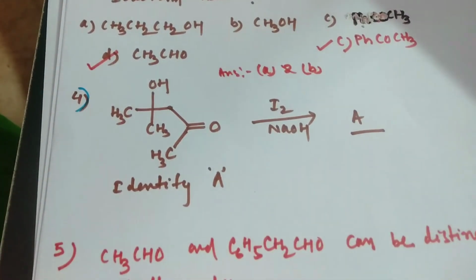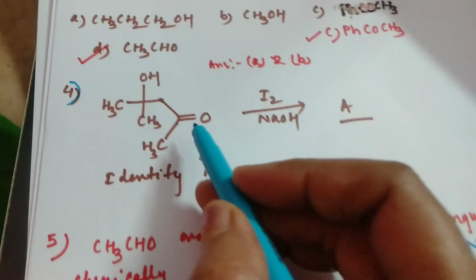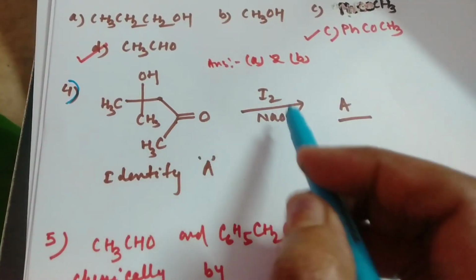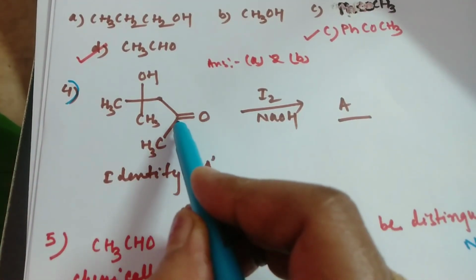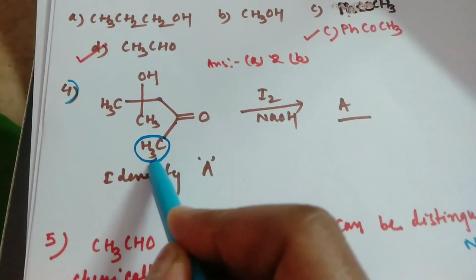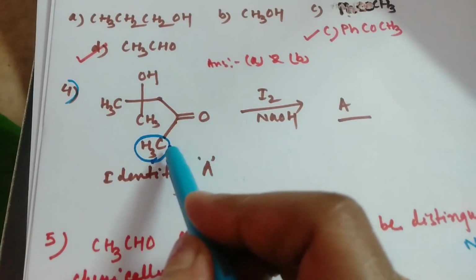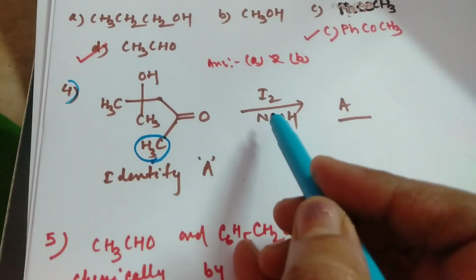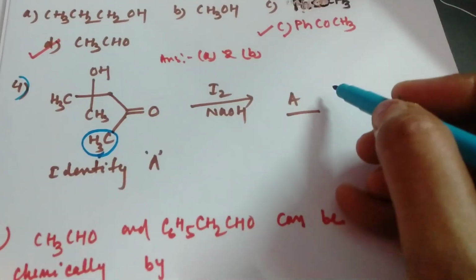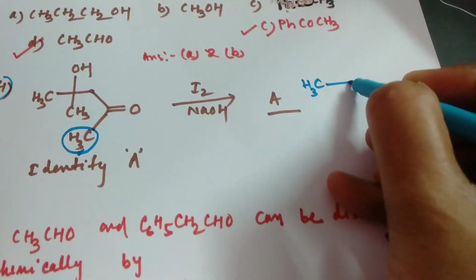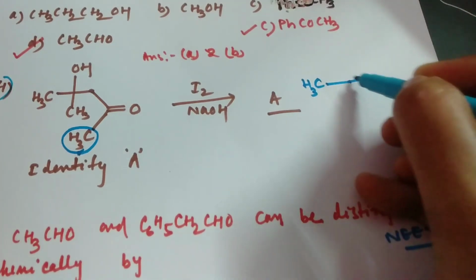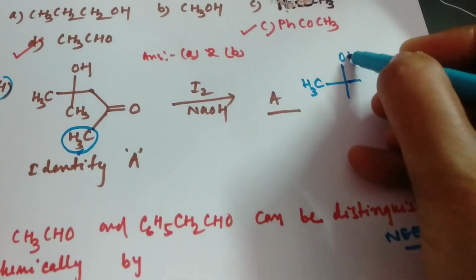Now next we will discuss another reaction. See here, in this case C double bond O means this is a carbonyl group which is directly attached to the methyl group, that means methyl ketone group, so it will undergo the iodoform reaction. If it undergoes the iodoform reaction, then what will be the product? The product becomes CH3C, and here this is also the same.